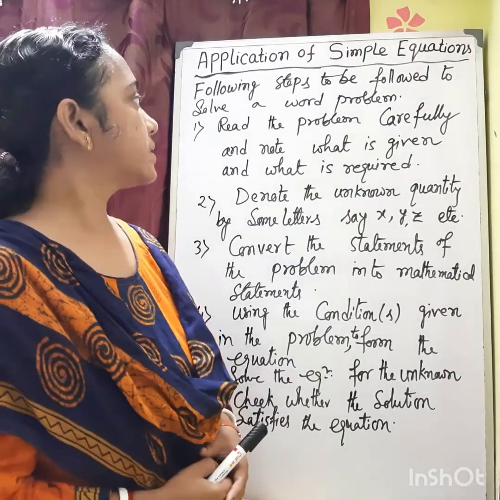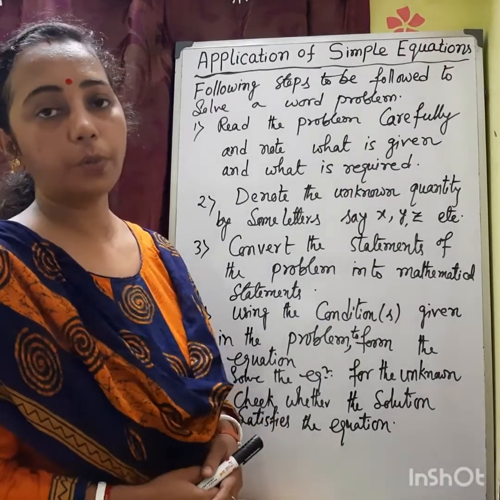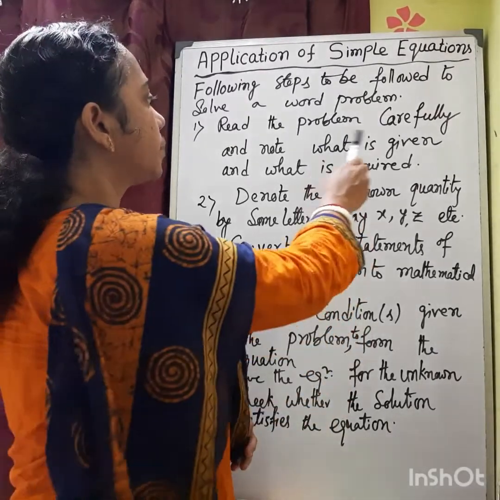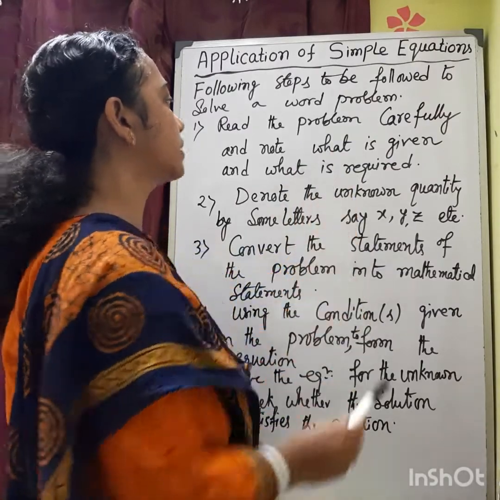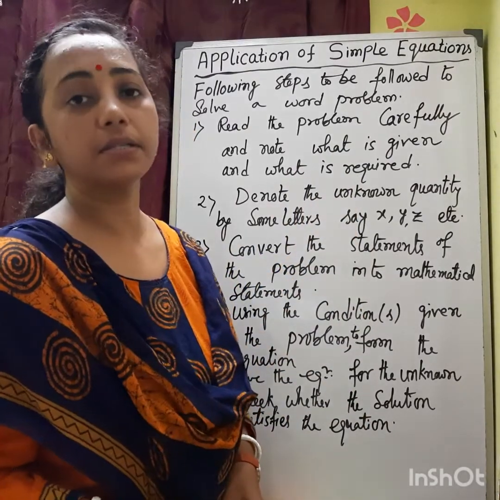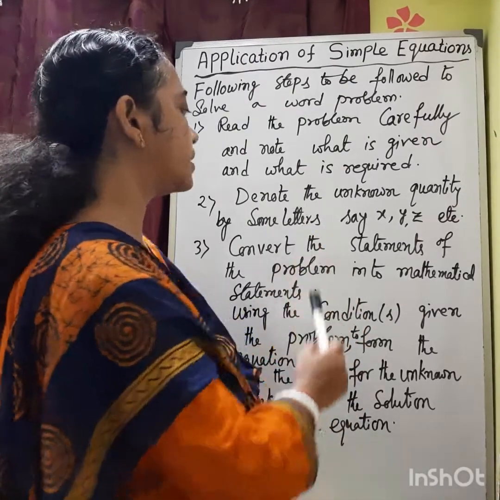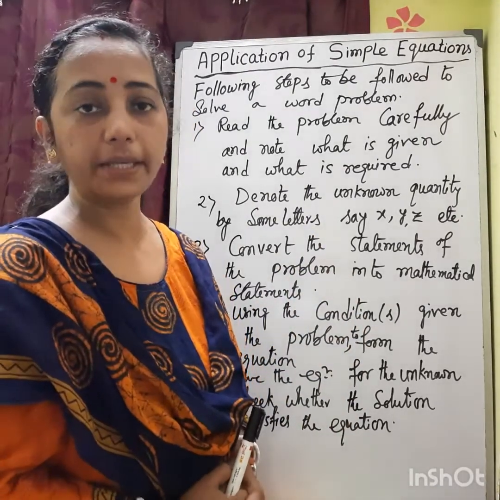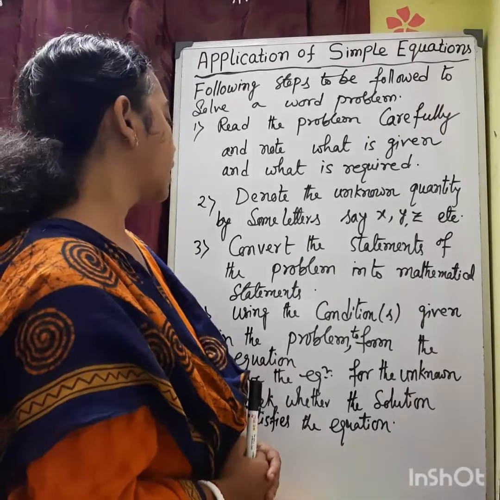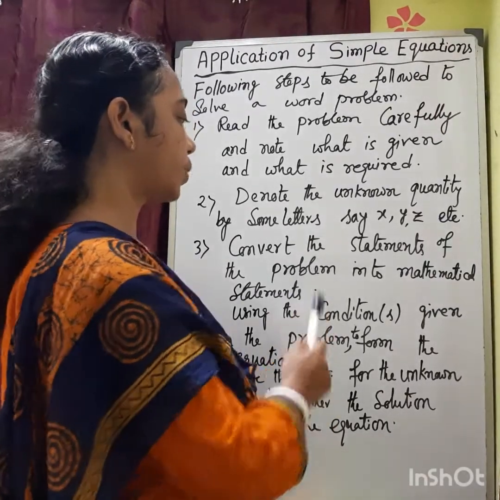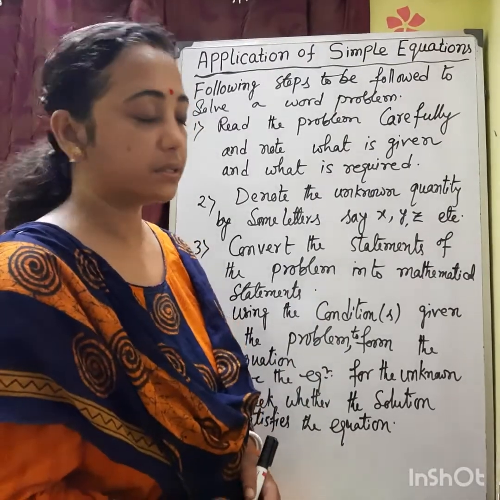Now, following steps are to be followed to solve a word problem. The first step is that we read the problem carefully and note what is given and what is required. Next step is that we denote the unknown quantities by some letters, say x, y, z, etc. Then the third step is to convert the statements of the problem into mathematical statements.